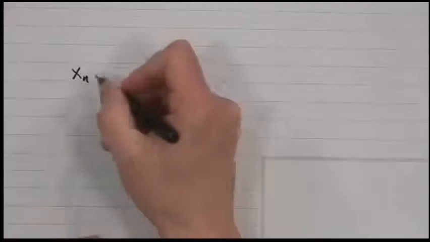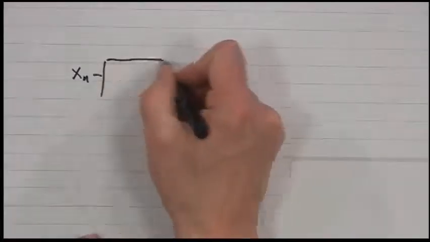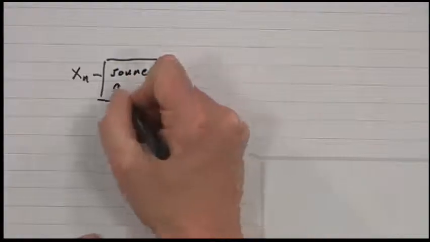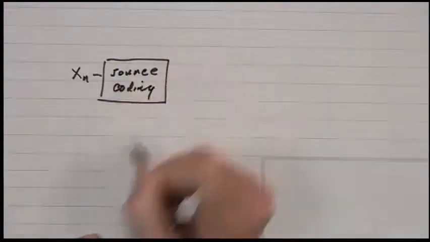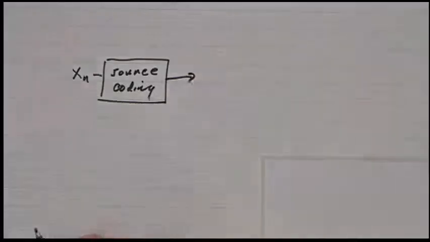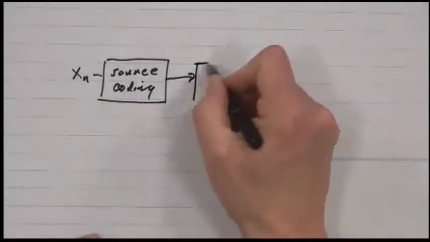So the way it works is like this. Basically, you have your data source, x of n, right? And then the first thing you do is you do source coding, all right? And that produces an output which reduces the number of bits. And then you do channel coding.